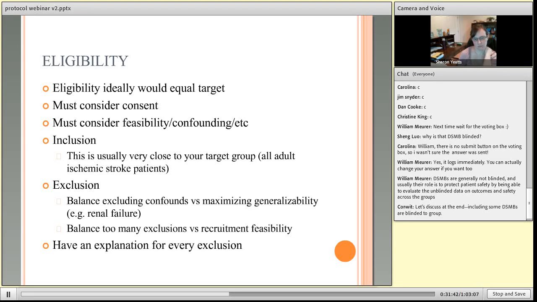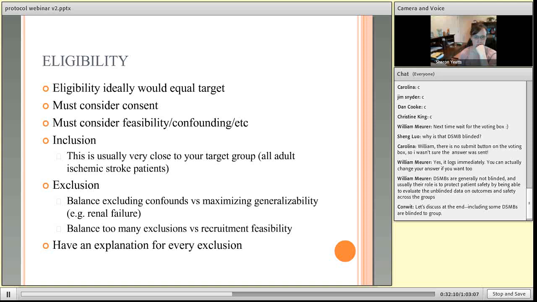So in general, we see a lot more exclusions as you start thinking about issues of confounding and feasibility and all the issues that we'll struggle with in terms of actually getting these types of patients into your trial as research subjects. So two of the things that we think about as we're developing our exclusion criteria will be balancing the issues of excluding confounding.